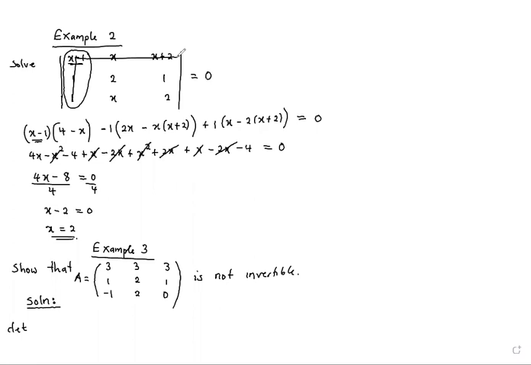So you have 4 minus x. And then from there, you go to the second row, you cut this row, cut this, you pick -1 from there, and then compute the determinant for the remaining numbers. 2 by x, you get 2x minus x multiplied by x plus 2.